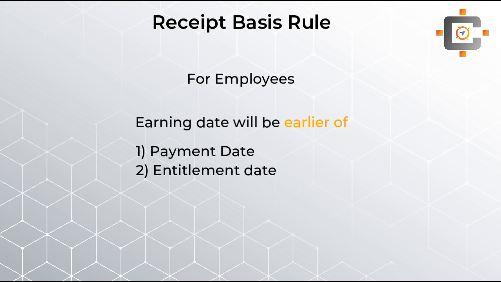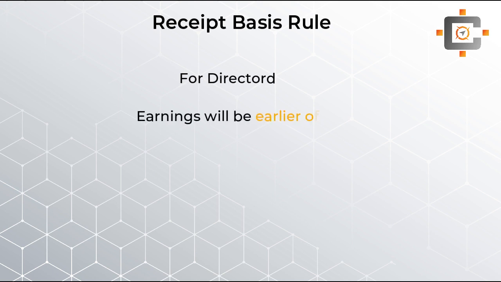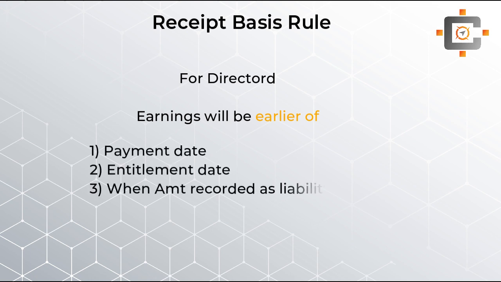Then, students, if you are talking about the directors, there are separate rules given by the HMRC, because the HMRC thinks that directors are in a position where they can manipulate and influence the payment date and entitlement date just to save their tax liability. So that is why slightly more complex rules are given by the HMRC.